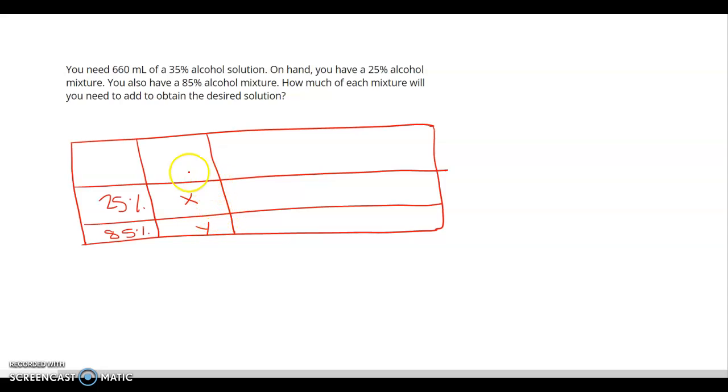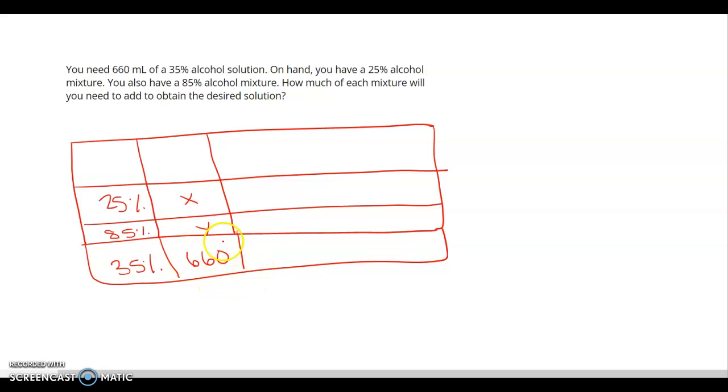Okay, we know the total, the combined solution that we want to make. In fact, I should have put this down here, sorry. The combined solution that we want to make is a 35% solution, and we want 660 milliliters total of that. Okay?